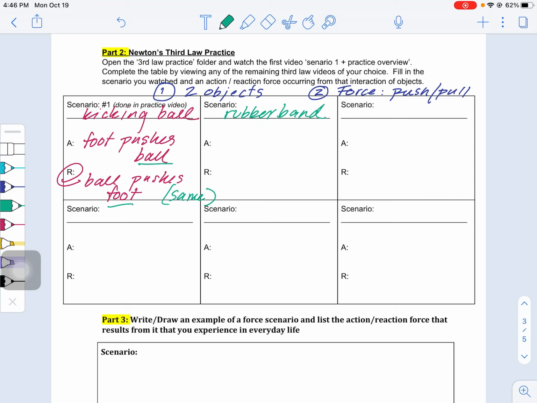So you could have said something like hand pulls rubber band, and then rubber band pulls hand, and so on. There was one where my daughter was simply sitting down on the picnic table, so body pushes table, table pushes body. We just were walking around, so there were lots of different scenarios. I gave you a variety so you could pick one that worked for you.